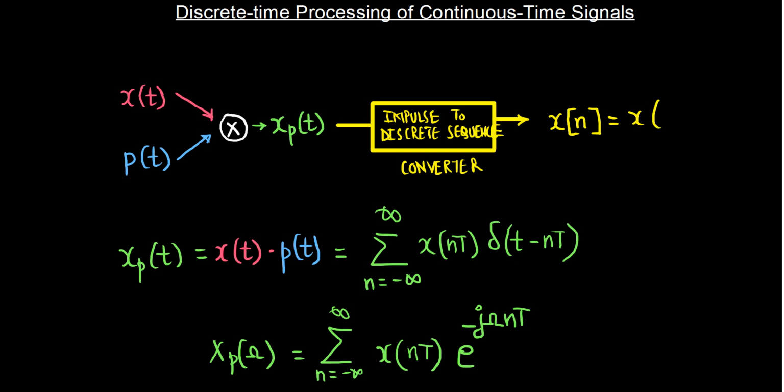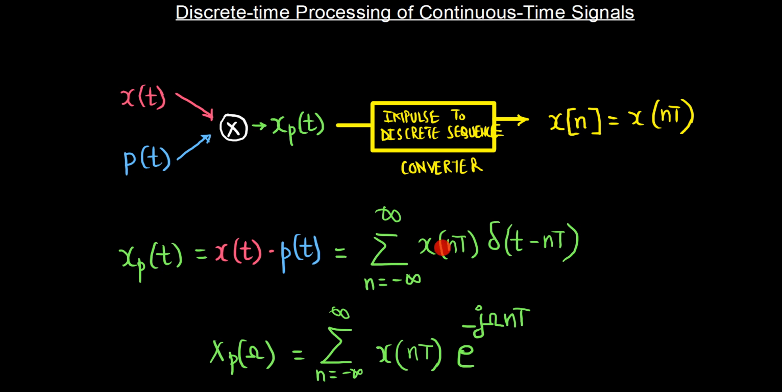So what we have done here is that this x of t multiplied by p of t is going to give you xp of t, that is a continuous time signal, and in order to obtain the sequence, we must retain the values of that signal at those locations, the sampling locations, and after retaining the values, those values are x of nT, we are simply indicating that with x of n.